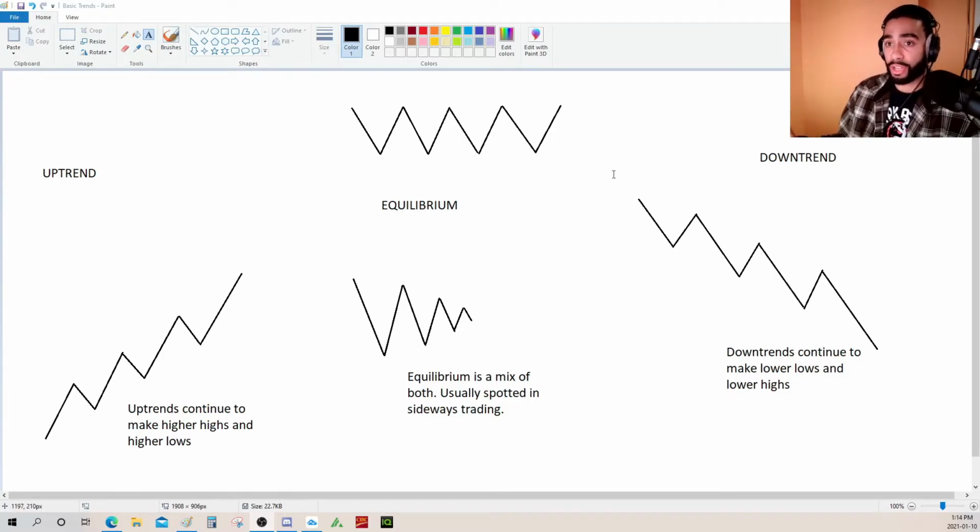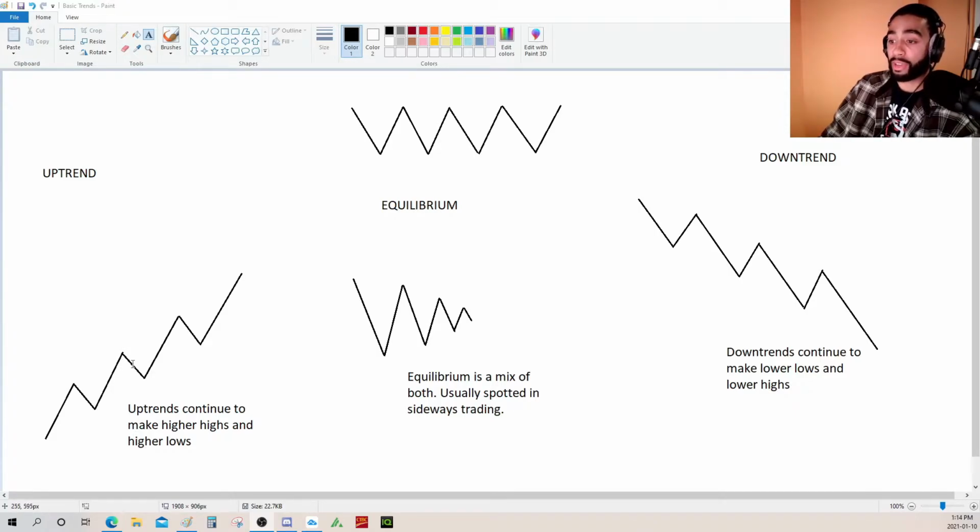A downtrend is pretty much the opposite, where instead of making higher highs and higher lows, it continuously makes lower lows and lower highs. So right off the hop, if you can look at this, for example, say you buy on this pullback of an uptrend right over here in this area, if you could see my mouse. If you buy here, you're Gucci because the stock's going to continue going up, right?